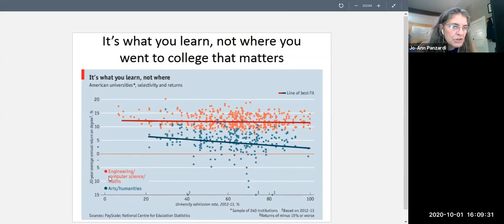Red represents engineering, computer science, and math, and blue represents the arts and humanities. Take a look at all these dots and what they linearly interpolated it to be, and figure out what this graph is actually telling you.